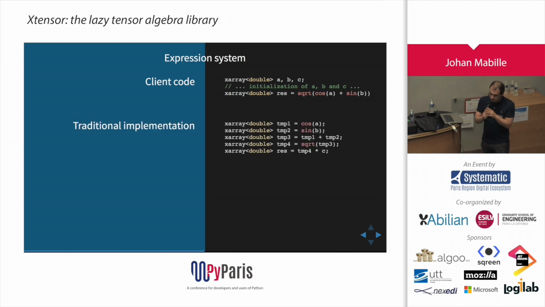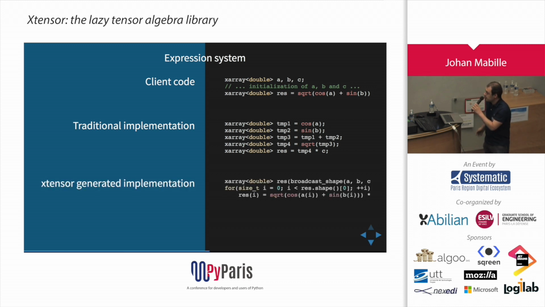with a traditional implementation and operator overloading, you will generate a lot of temporaries for computing intermediate results, which means either iterating over the arrays and also a lot of additional dynamic memory allocations, which are just performance killers. With xtensor, the code that is generated is just like that.